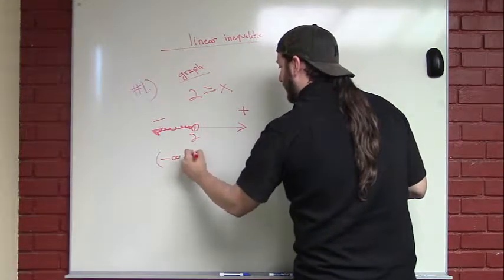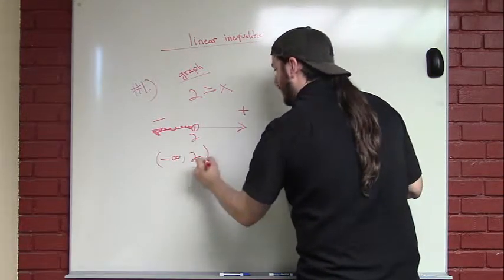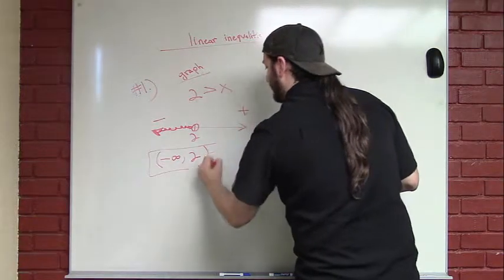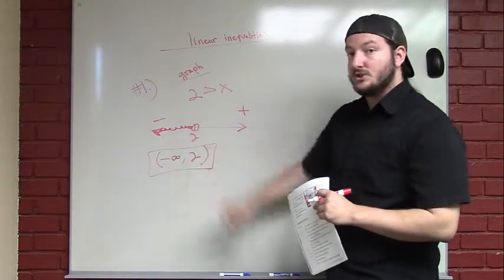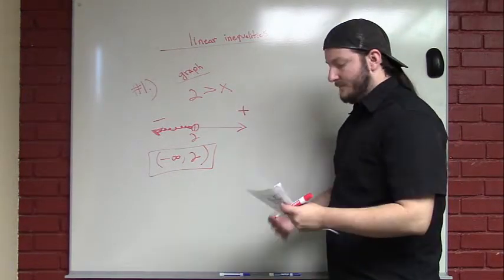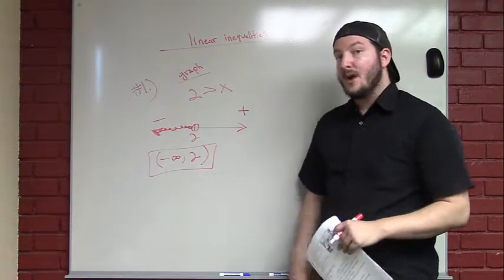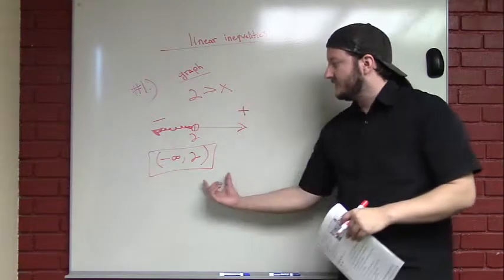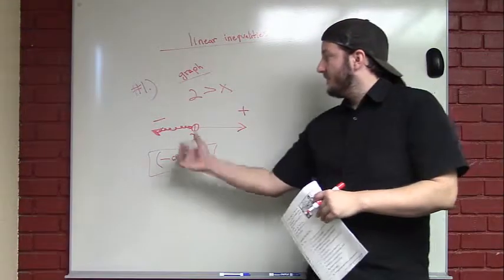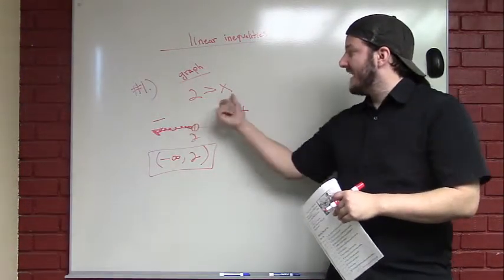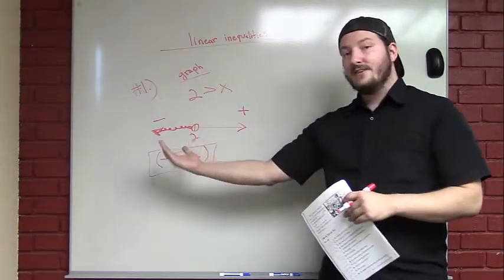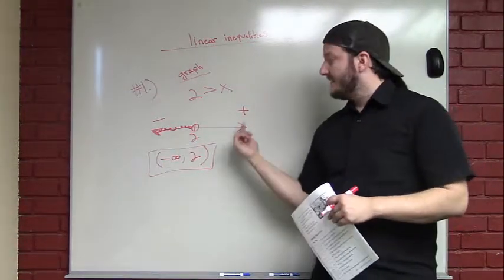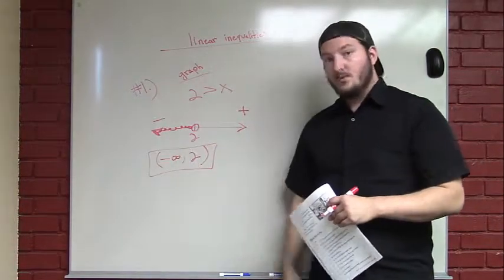So it goes comma 2, and then a parenthesis. The reason that there's a parenthesis here at this 2 is because it's an open circle, okay? In the next problem, we'll see a bracket, and I'll explain what that means. So basically, another way of saying everything that is less than 2 is negative infinity to 2. And this is how you graphically represent it.